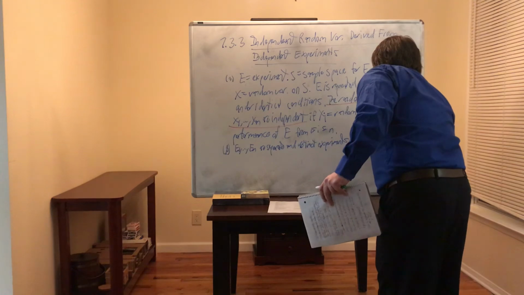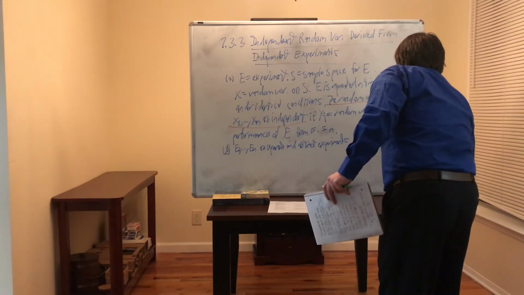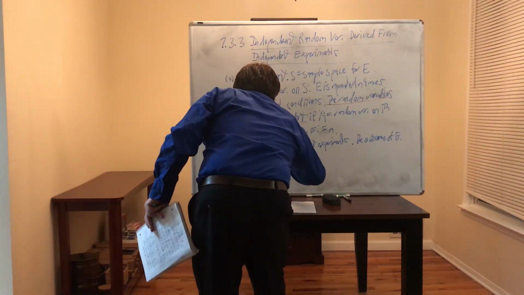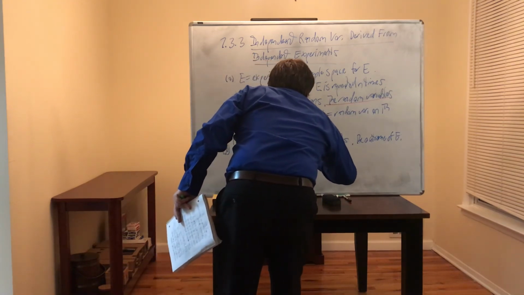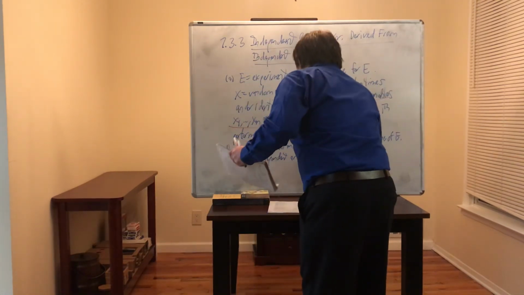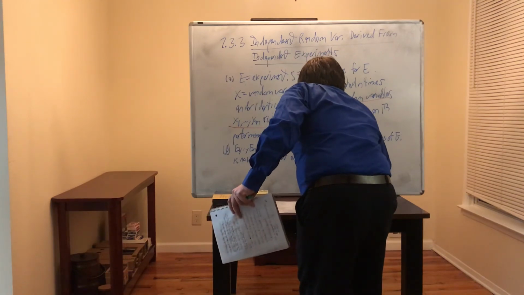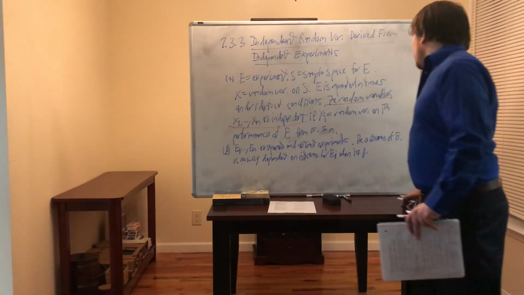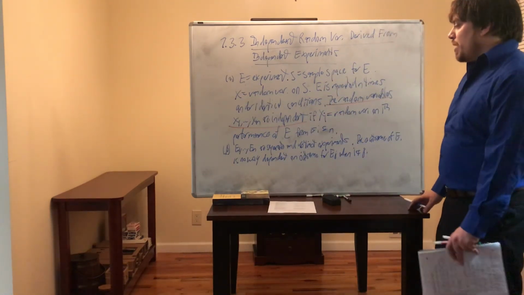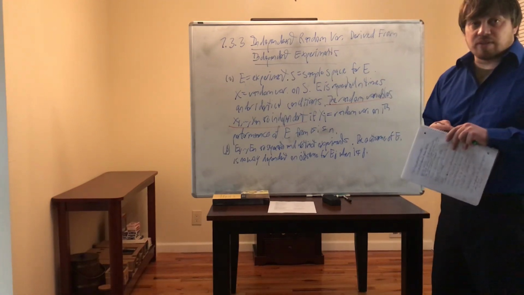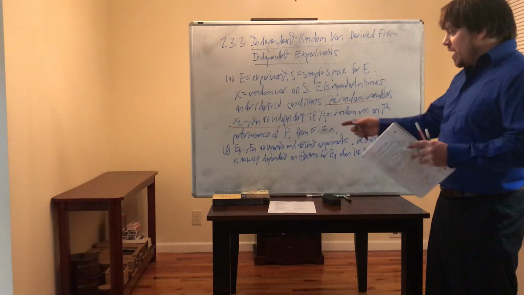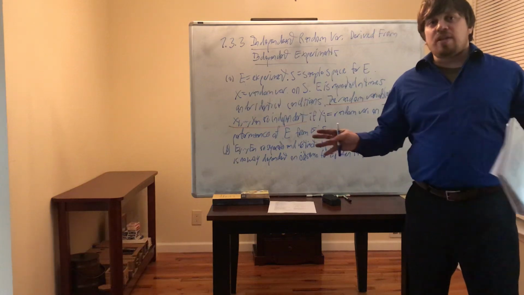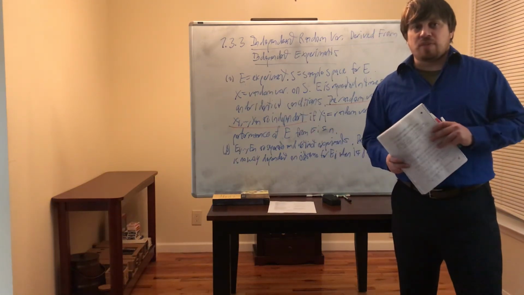And so the outcome of E sub I is in no way dependent on the outcome of E sub j when I is not equal to j. So the outcome of any of the E's is not dependent on any of the outcomes of the other experiments. Okay? So we have n separate and distinct experiments, and for any of those n experiments, its outcome is in no way dependent on the outcomes of any of the other n minus 1 experiments.